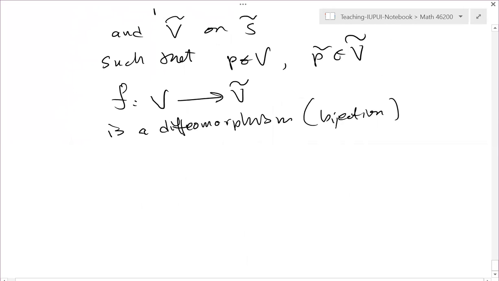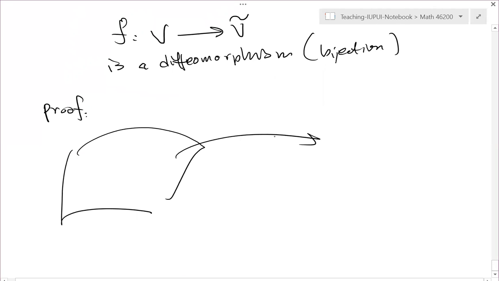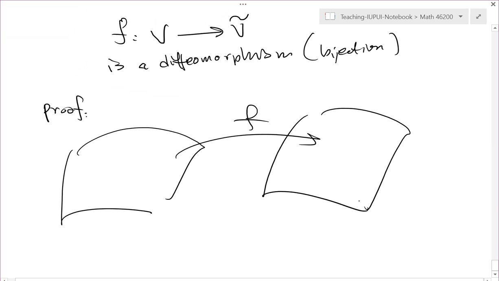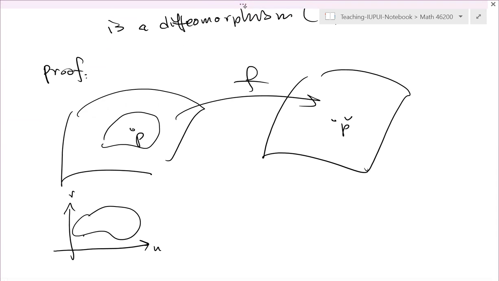So the proof is very simple. I just give a sketch of the proof. I don't want to go into very technical formulas, otherwise we get lost easily. Here's a surface, and this is a map again. Here's a point, here's p tilde. When we are trying to understand a surface, we find an open set, here U and V. This yellow part comes from here.